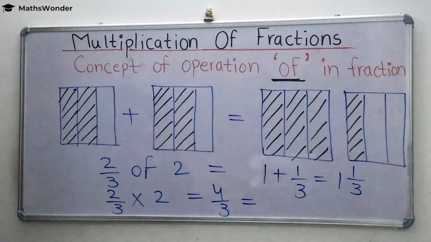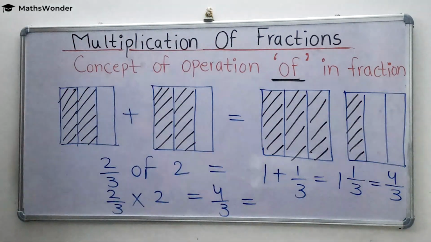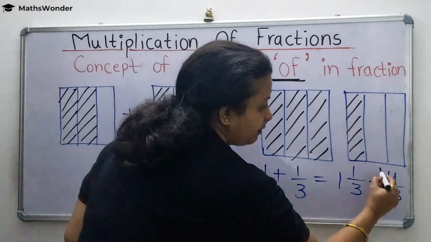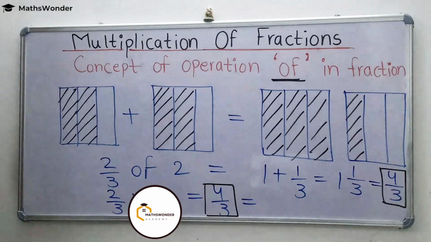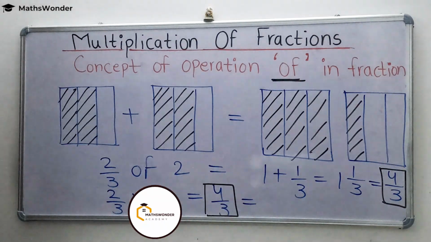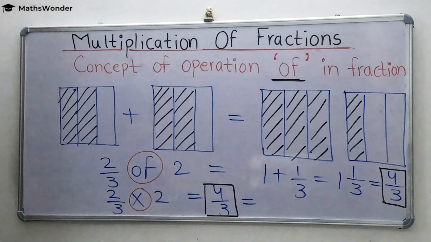When you convert it into a mixed number, or convert the mixed number into an improper fraction, you will get the same answer. So 'of' means multiplication. When you simplify diagrammatically, your answer becomes the same. What is the meaning of 'of'? Of means multiplication. This is the concept.